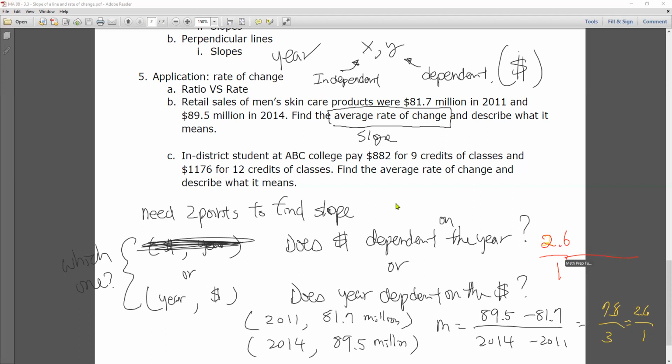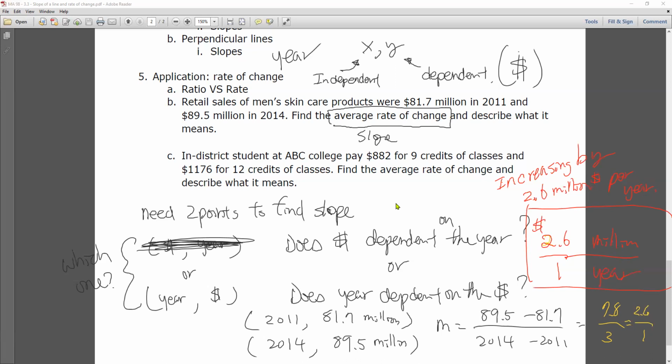So we have $2.6 million over 1 year. So our rate of change is $2.6 million per year. And notice this is a positive 2.6 over 1, which means we're increasing by $2.6 million per year.